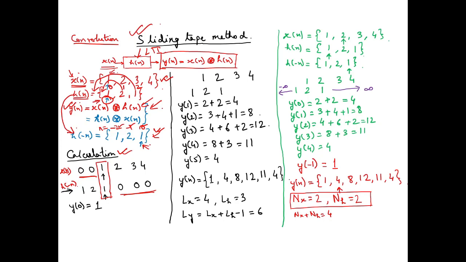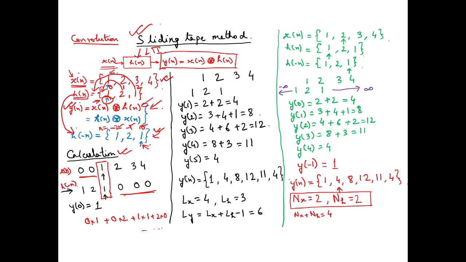Multiply x of n and h of minus n values, then add, then again the next values. So for y of 0, we get 0 multiplied by 1 plus 0 multiplied by 2 plus 1 multiplied by 1 plus 2 multiplied by 0, and so on.